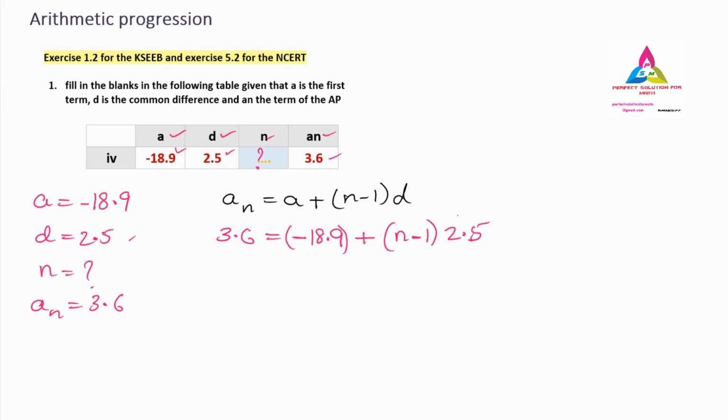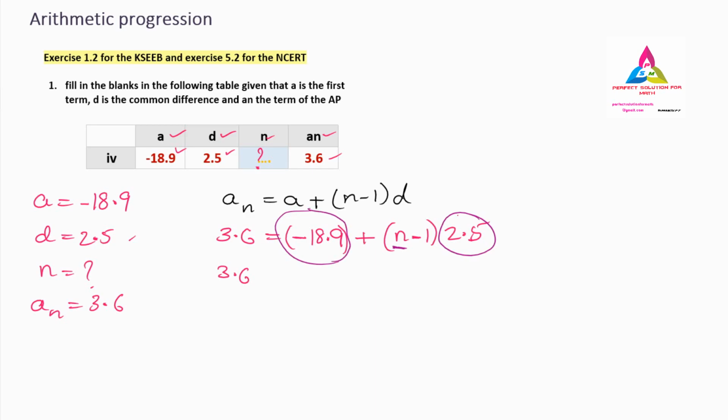So 3.6, write down 3.6 as it is. I have already told what is unknown for us, that we have to keep to one side, and which is known for us, that we have to shift to the other side. Here unknown is only n, so we can shift this value and this 2.5 to the other side.